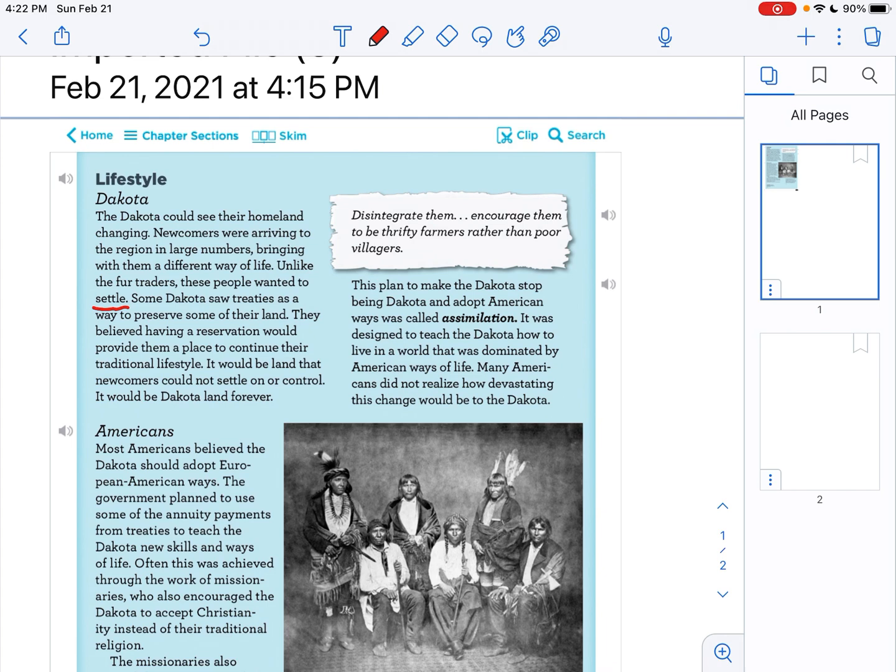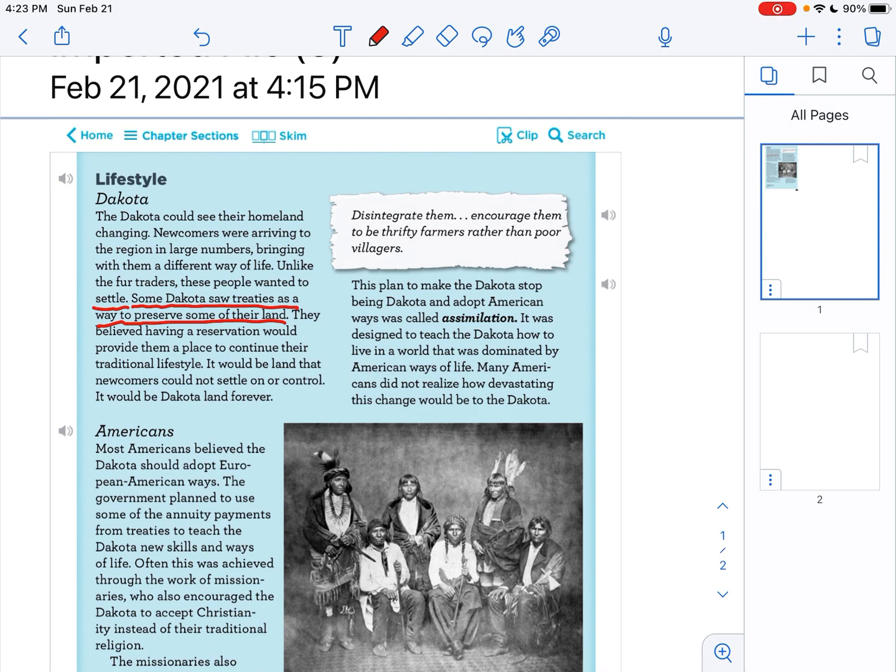Some Dakota saw treaties as a way to preserve some of their land. So they did not want to sell, but they thought, if we signed a treaty, maybe we could preserve some of our land. Stand by on this. I know it doesn't make sense at first.